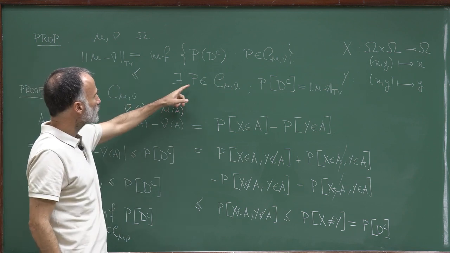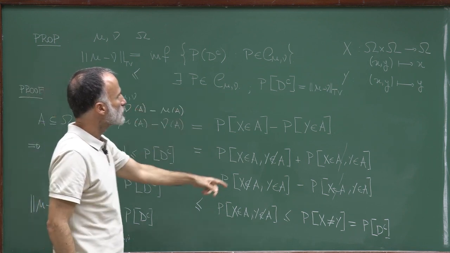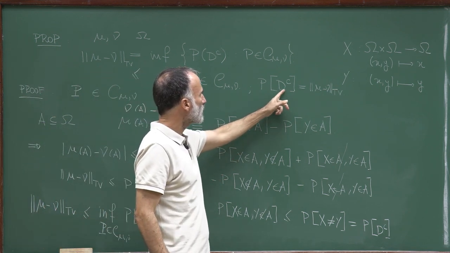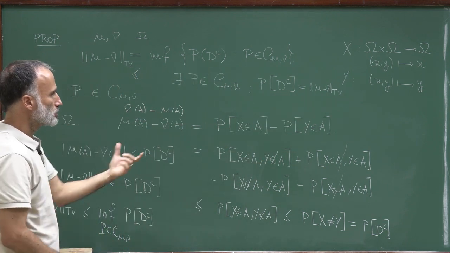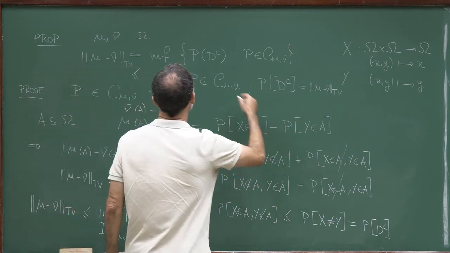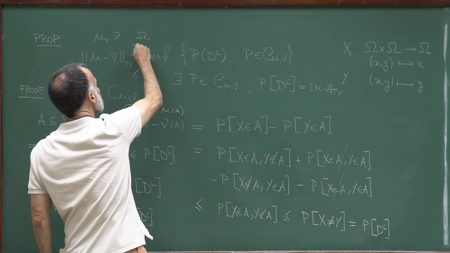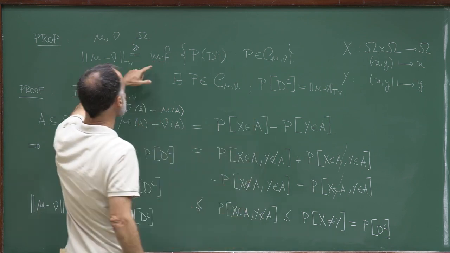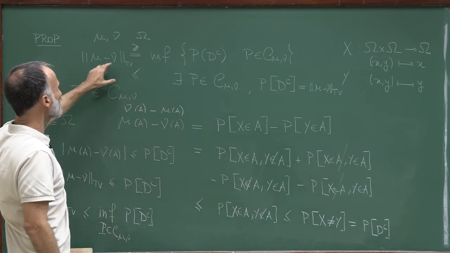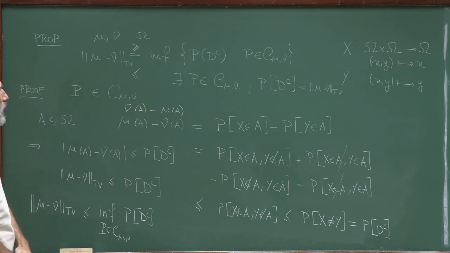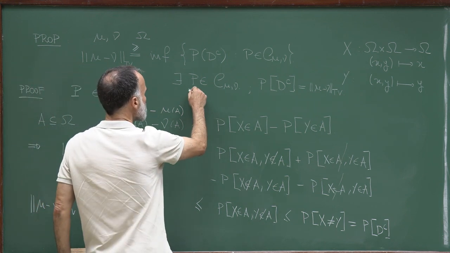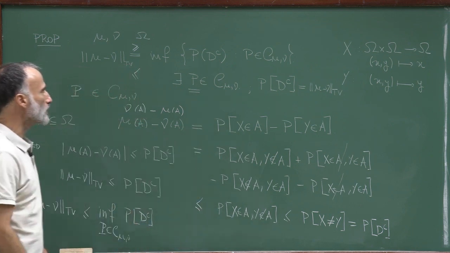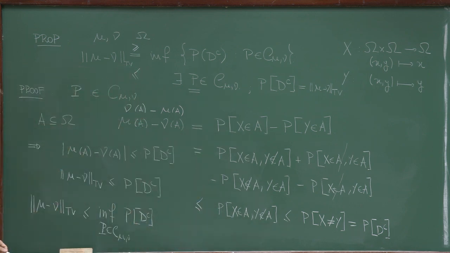Now, if I can show that there exists a coupling P such that the measure of the complement of the diagonal is exactly equal to the total variation between mu and nu, what we'll prove is that, therefore, if there is one, the infimum is bounded by this quantity, and from this we will have the equality. Actually, we will construct explicitly this probability. And so this is the next step.